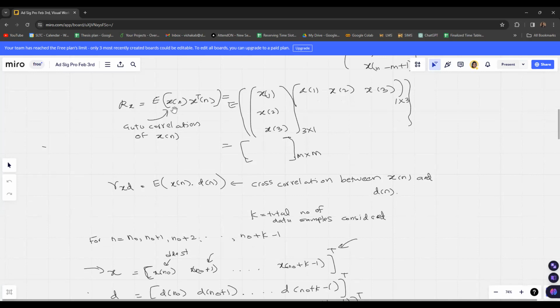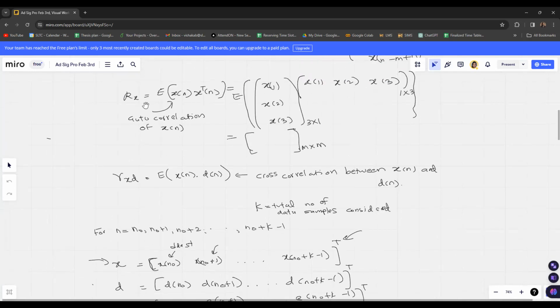It can be modeled as the input signal multiplied by its own transpose. Once we take that product, we are left with a square matrix of dimension equal to the dimension of the input signal. So we have the autocorrelation matrix of the input signal x(n).